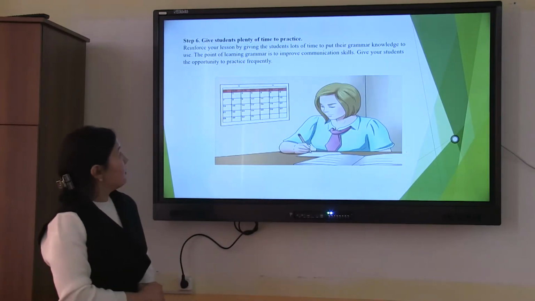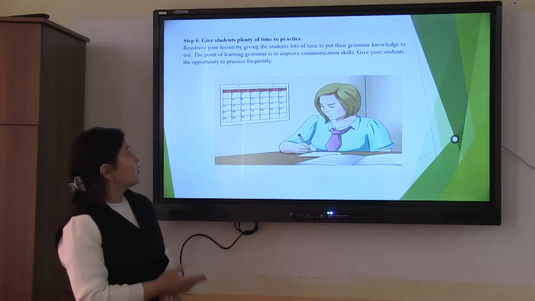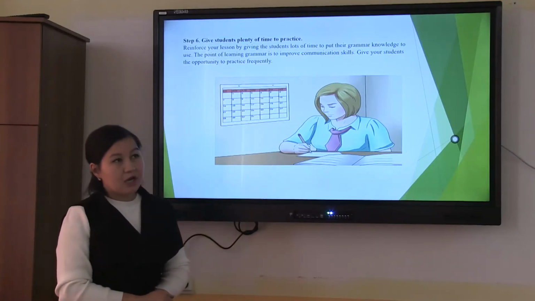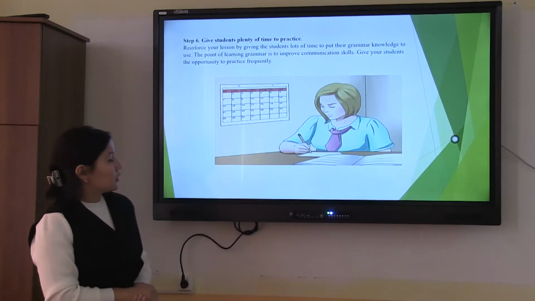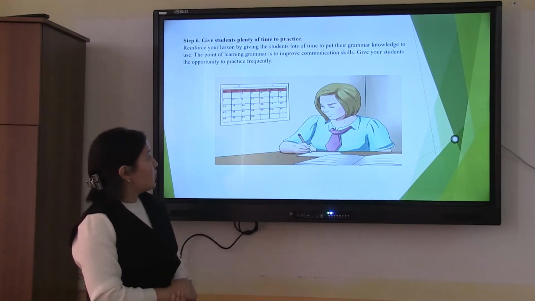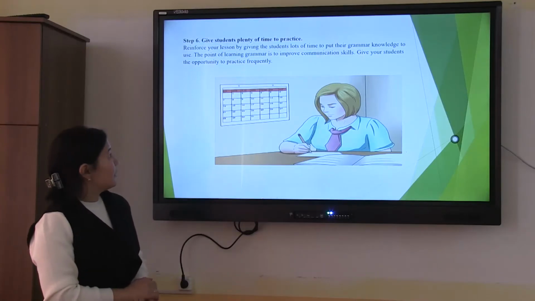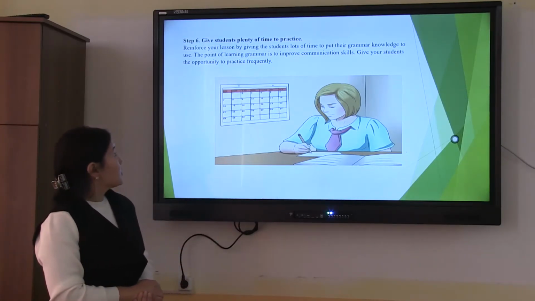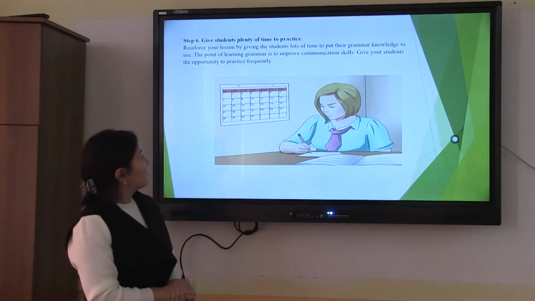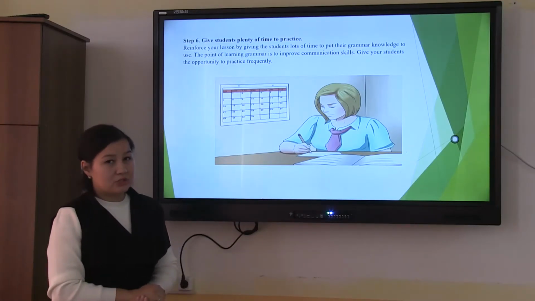And also, give students plenty of time to practice. After explaining a grammar rule or a grammar item, you have to give your students plenty of time to put their grammar knowledge to use. The point of learning grammar is to improve communication, yes?